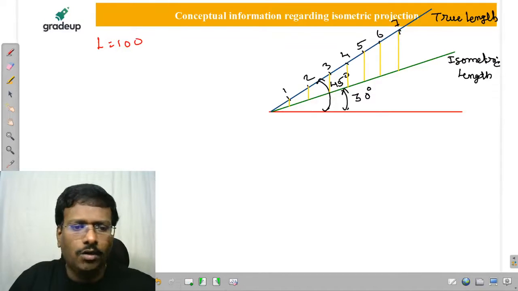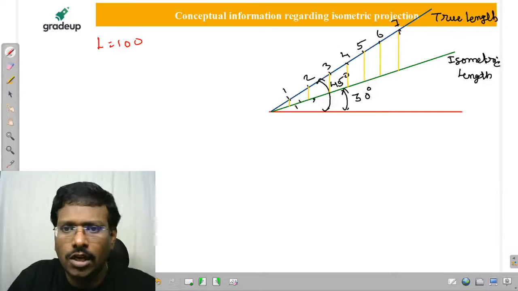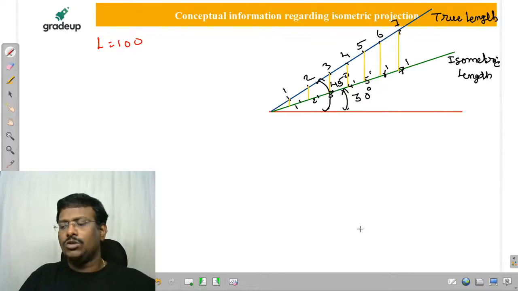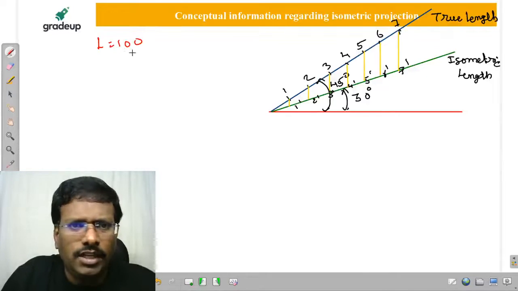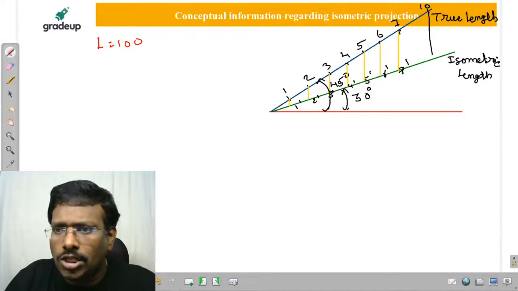Whatever values we get will be considered as 1 dash, 2 dash, 3 dash, 4 dash, 5 dash, 6 dash, 7 dash. Like this, 10. Sir, if it is 100, here it will be 10. If I draw a projector here I am going to get 10 dash.